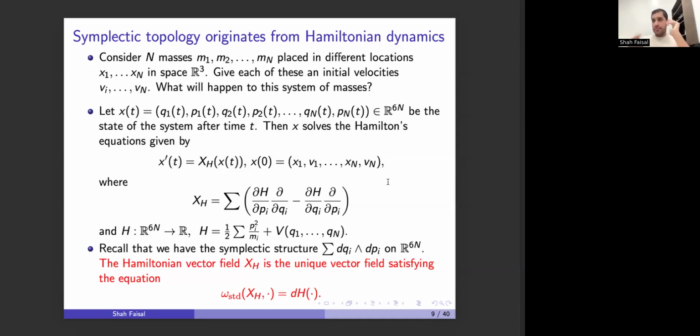So what does it mean? It means that the symplectic structure of the Euclidean space basically encodes the laws of motion. And the second thing it says is, if you want to write down Hamilton's equations, you do not need global coordinates to write them down.